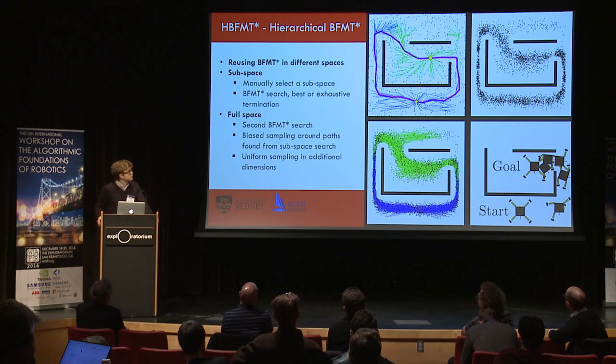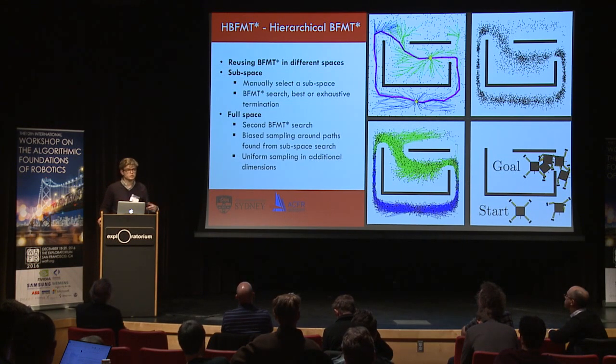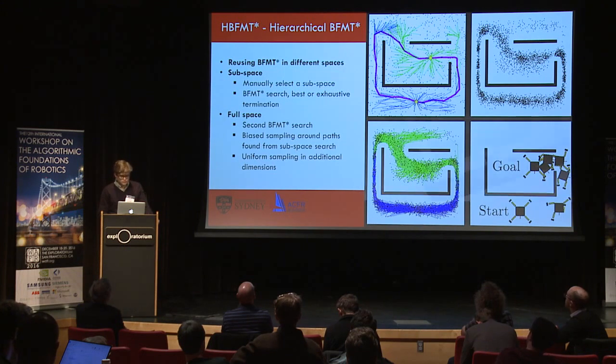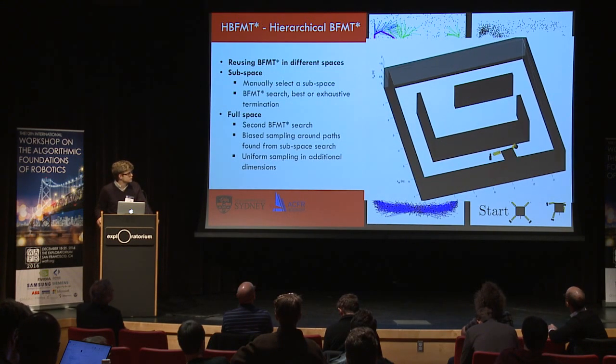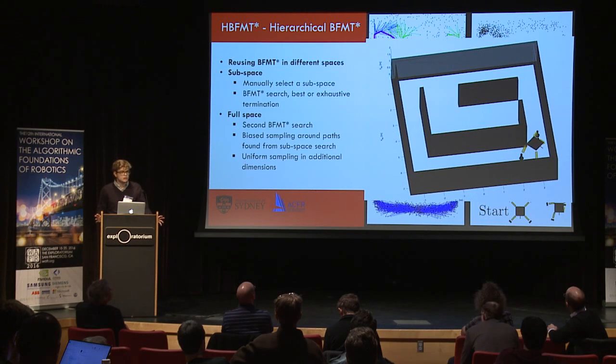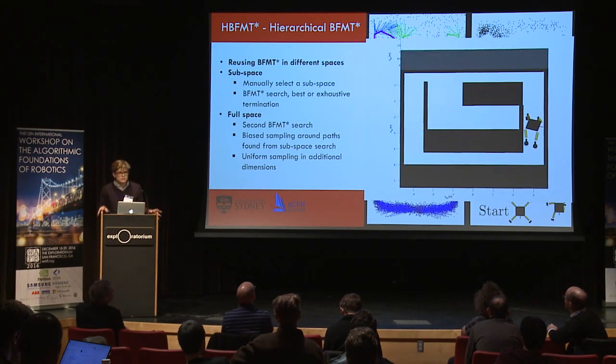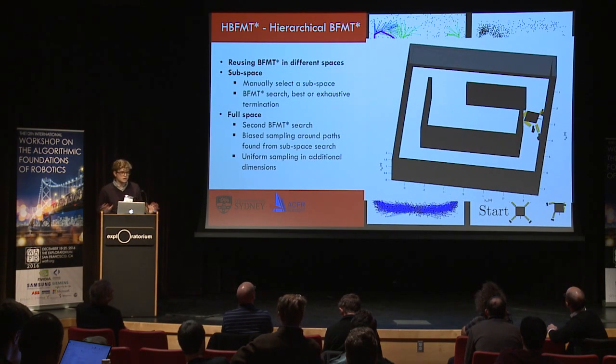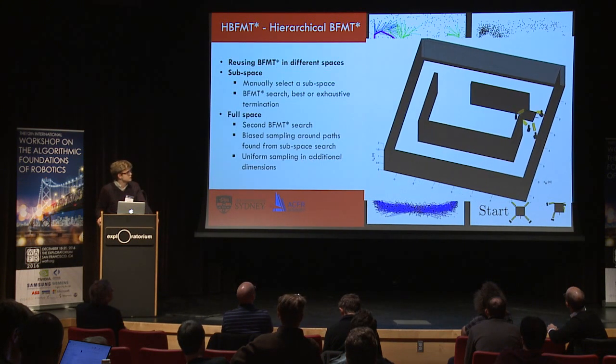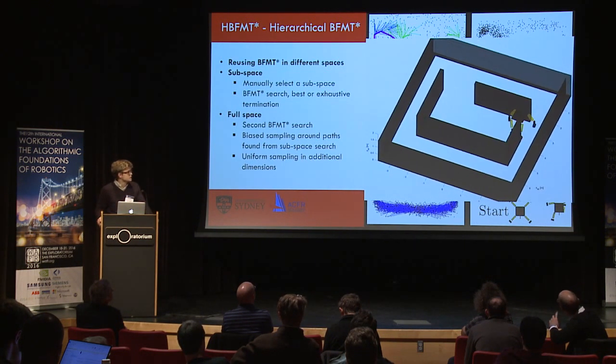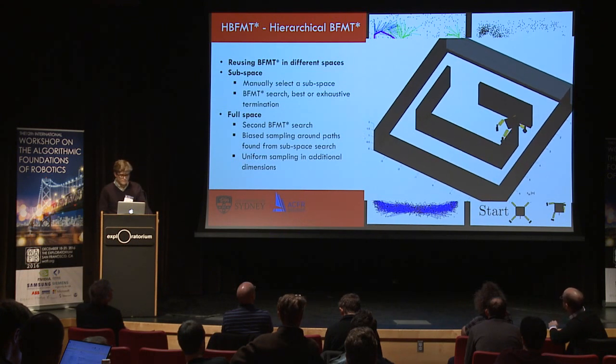From this, we may get multiple feasible paths, and we then take these returned solutions and bias the sampling within the full space of the robot, leading us to a solution that looks something like this, where you can see a simulated Mammoth rover reconfiguring itself between these tight, narrow passageways and getting to the end configuration.